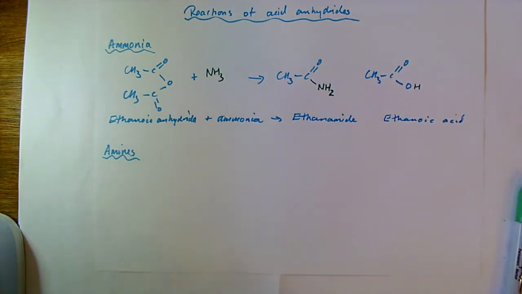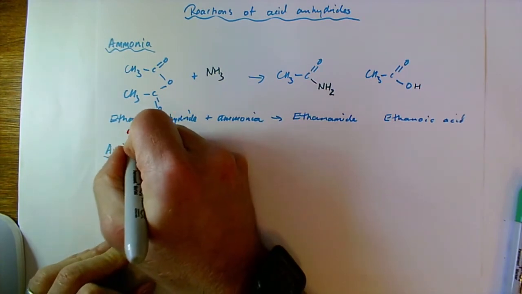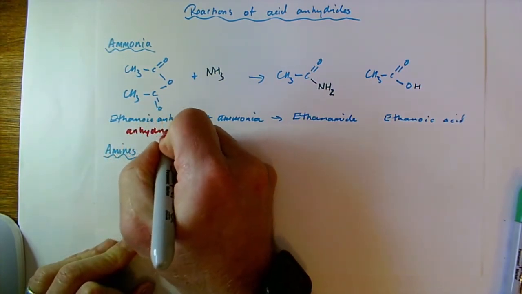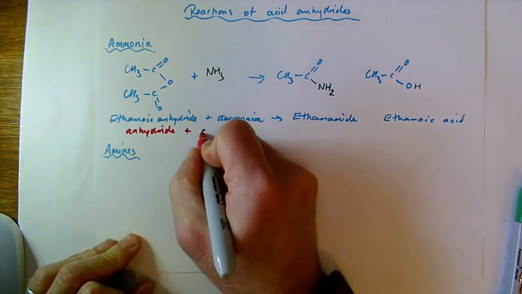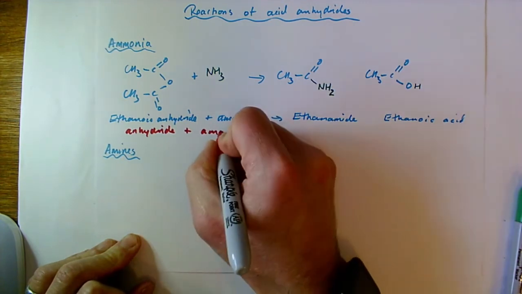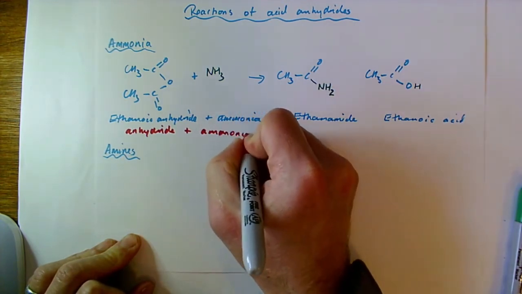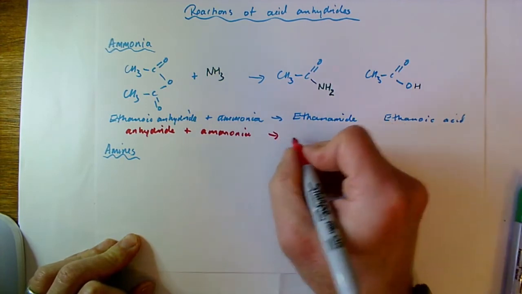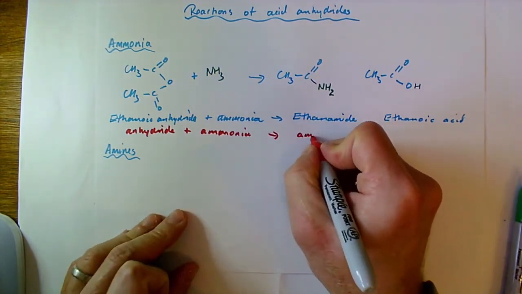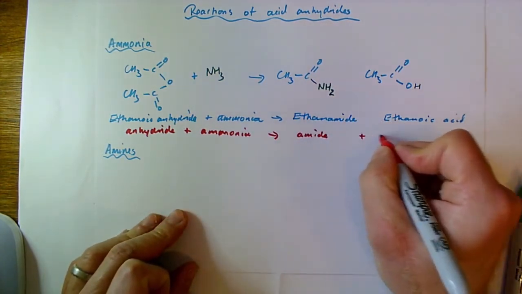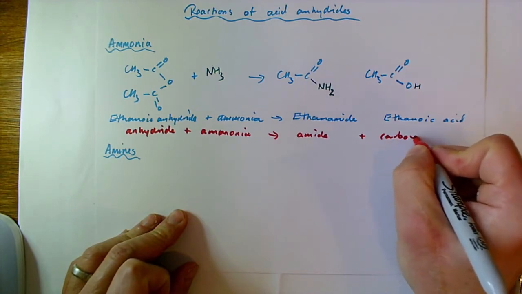So in general terms, what do we have? We have an anhydride plus ammonia reacts to give an amide and a carboxylic acid.